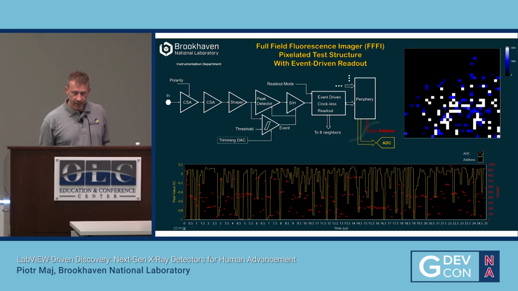And the acknowledgement of this data is also done asynchronously. So there's no noise in the system during data acquisition. What you can see on the screen, yellow is the value taken from the analog to digital converter, and the red one is the address of an event. It's all streamlined in FPGA.